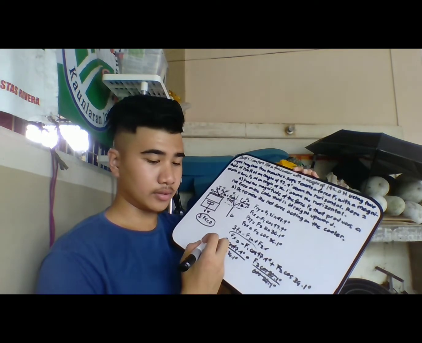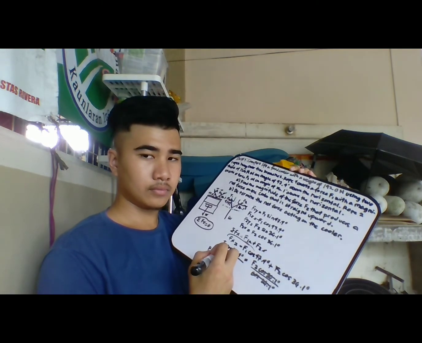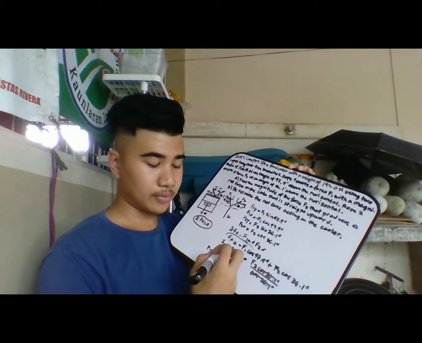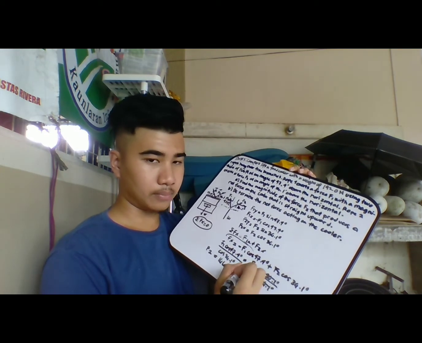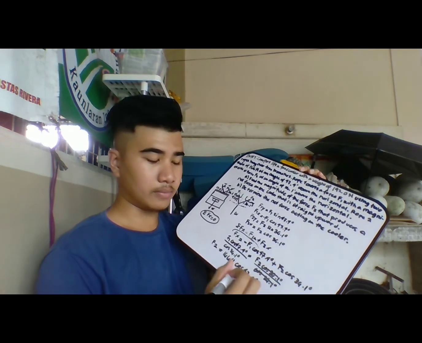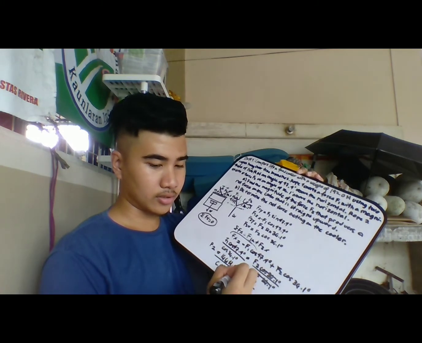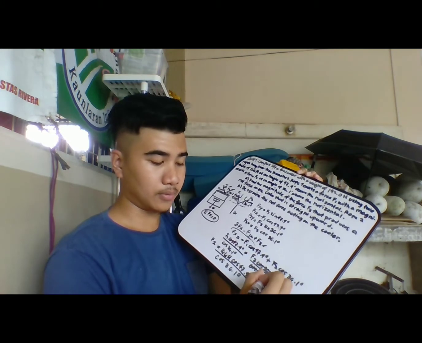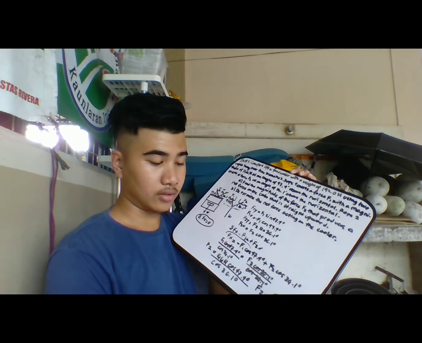F2 now is equal to F1, which is 166 Newton, cosine 47.4 degrees divided by cosine 36.1 degrees. By calculating, F2 is equal to 139 Newton.